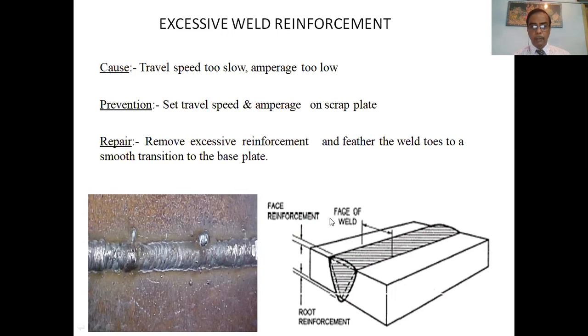Face reinforcement, face weld. Travel speed too slow, amperage too low. Prevention: set travel speed and amperage on scrap plate. Repair: remove excessive reinforcement and feather the weld to a smooth transition to the base metal.